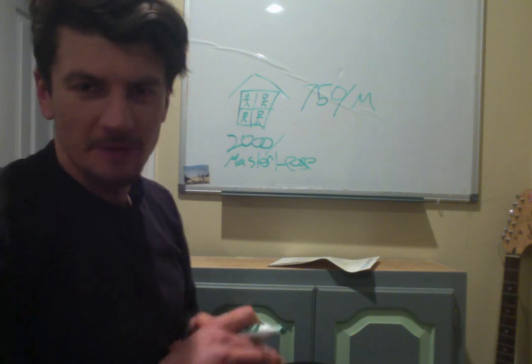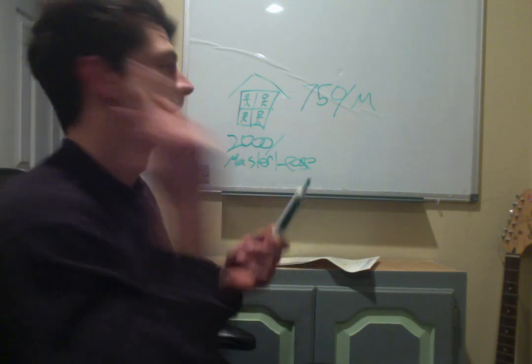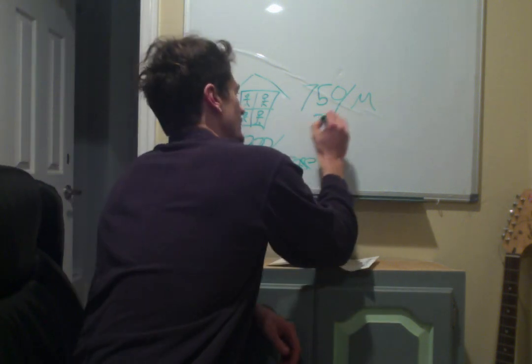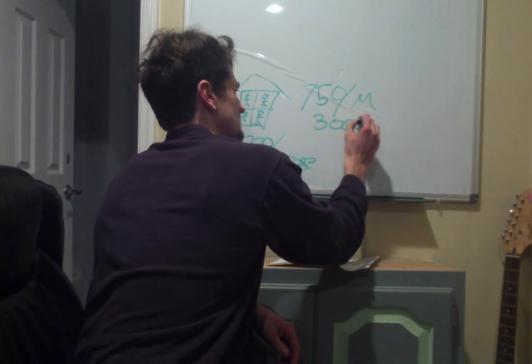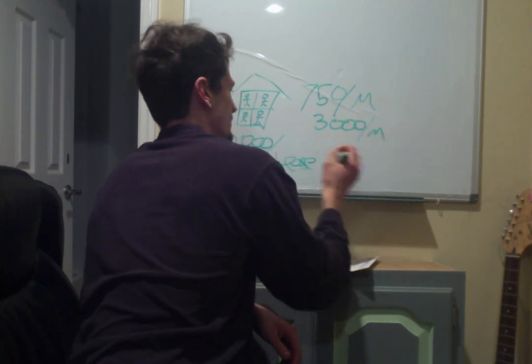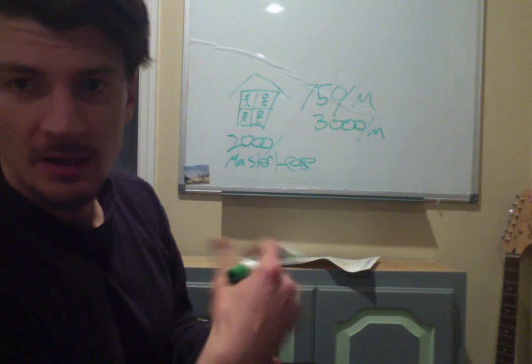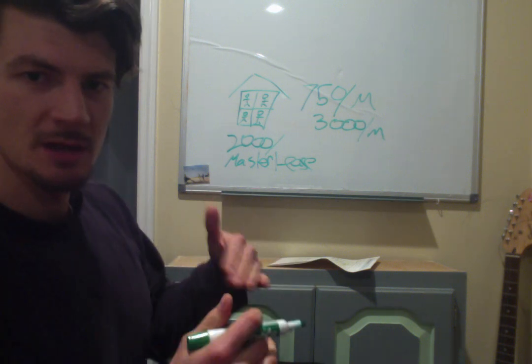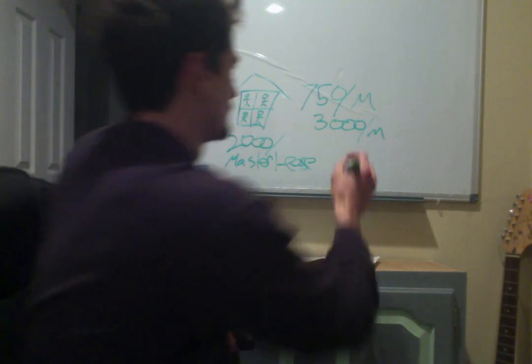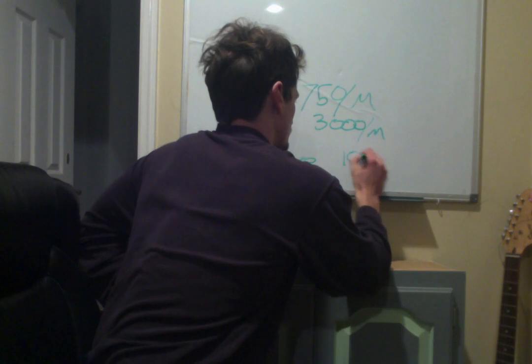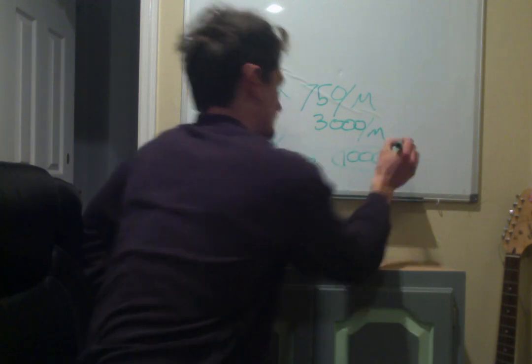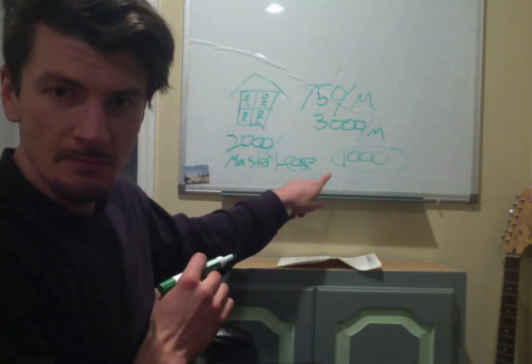Yeah, so I was right the first time. Total would be $3,000 per month, effectively leaving us $1,000 left over. That would be ours to keep.